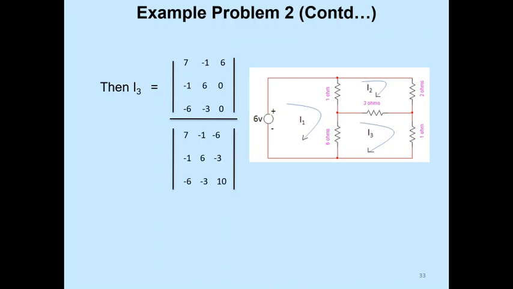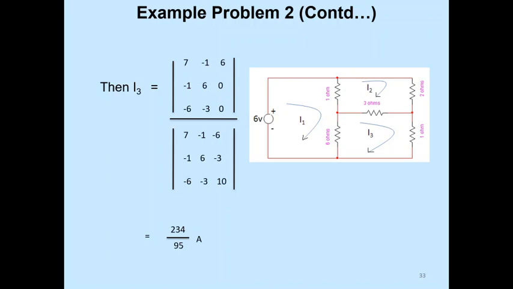The third one: the third column in the impedance matrix is replaced by the voltage matrix, and here 6 into 3 plus 36, that is 6 into 39. So we are getting 234 divided by 95. Like this we are solving I1, I2 and I3 in the given network.